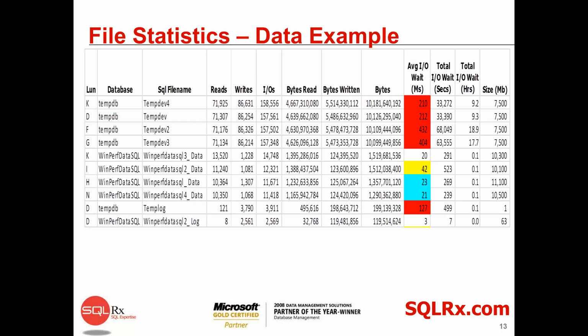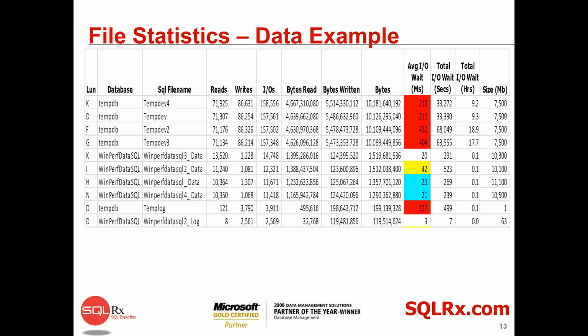So this will show you similar data, but by database file. And so you can see that the top 4 that are troublemakers in this case are all tempdb files. Since those are pretty easy to move, we should be able to move them anywhere we want and take care of this. So that'll be pretty great.